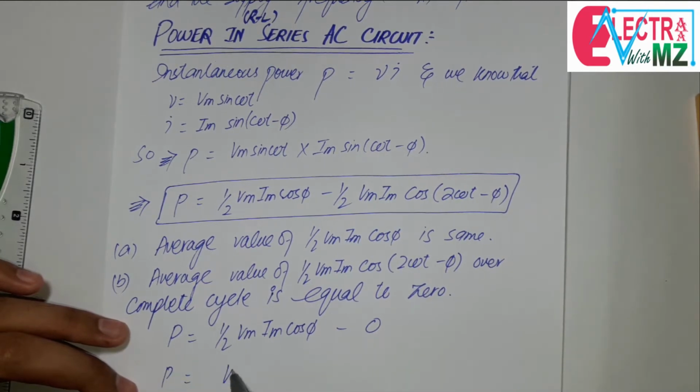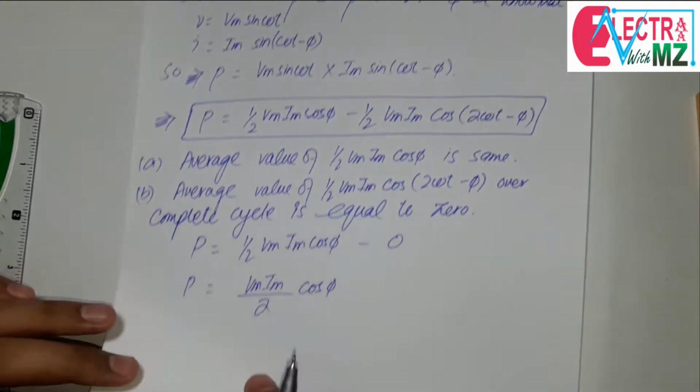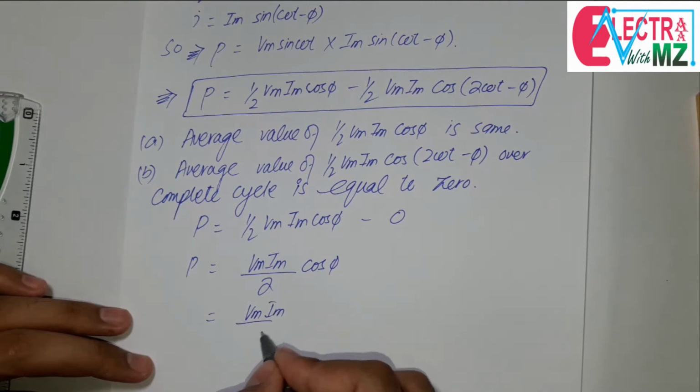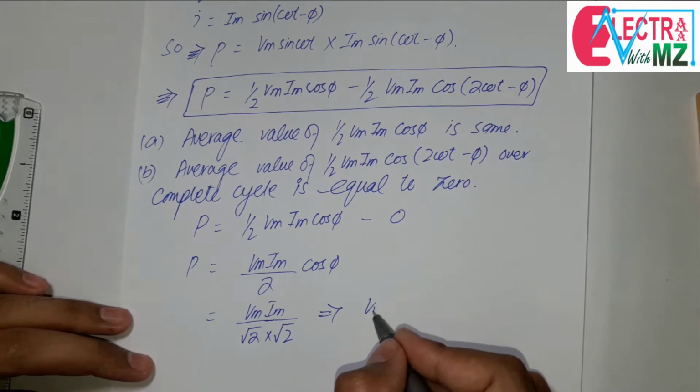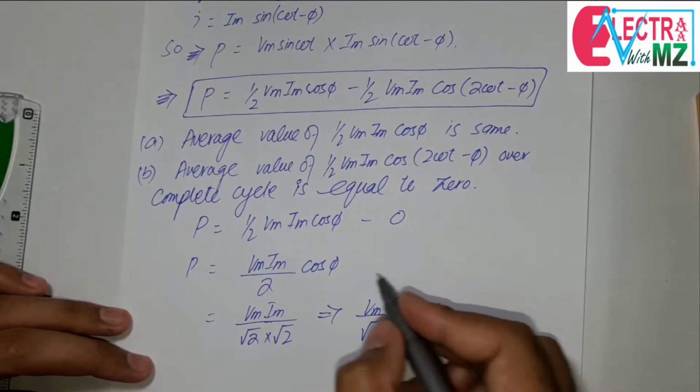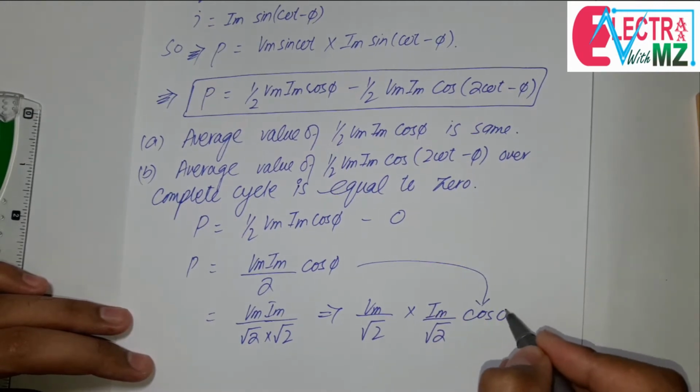P is equal to Vm Im divided by 2 cos phi, and we can write it as Vm Im over square root 2 times square root 2. This means Vm divided by square root 2 multiplied by Im divided by square root 2, and that cos phi.